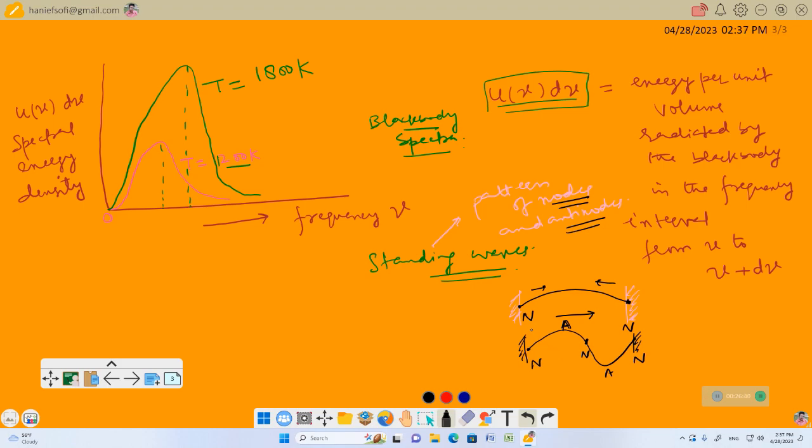Now, because the string is bound at the ends, there are always nodes. So the wavelengths possible or the frequencies possible are restricted.